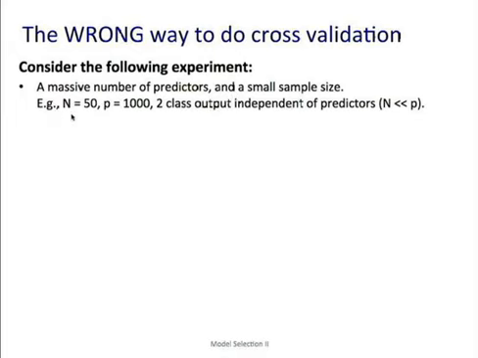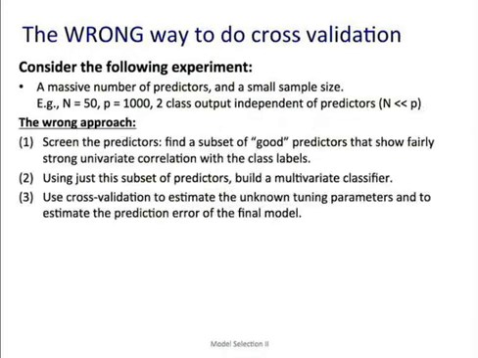For example, n is equal to 50, p is equal to 1,000, and there's a two-class output that is independent of the predictors. This is a really important thing. We've got essentially an output that is independent of the predictors.